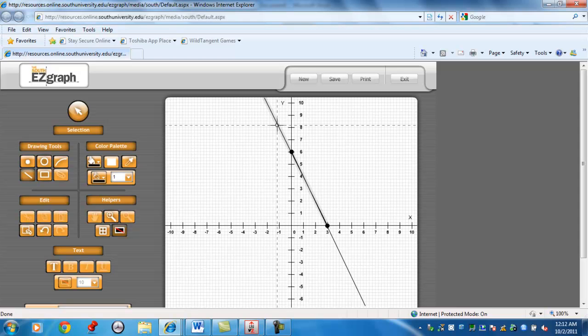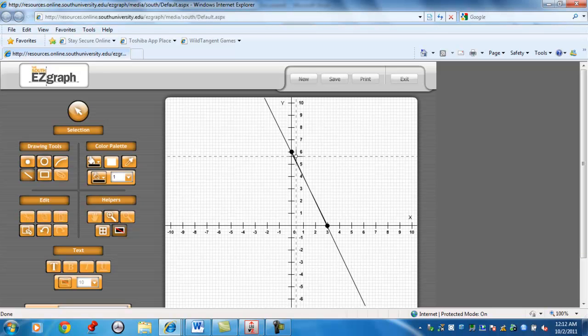So if it's going in a downward motion, we'd say that the slope is going to be negative. Okay, so we have a negative slope in this example because the line is going down.